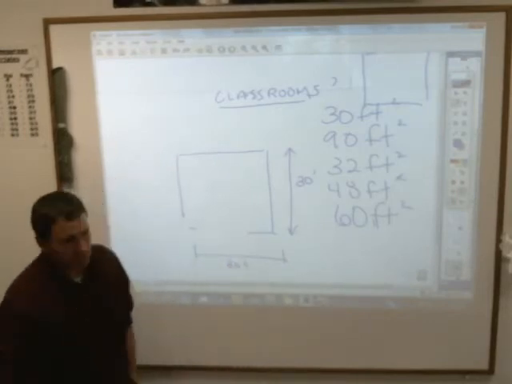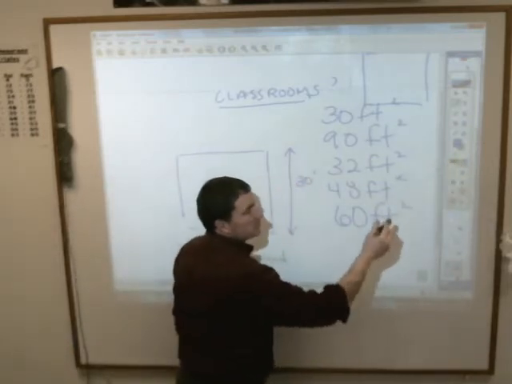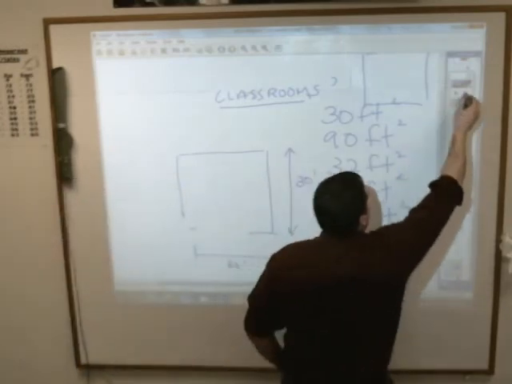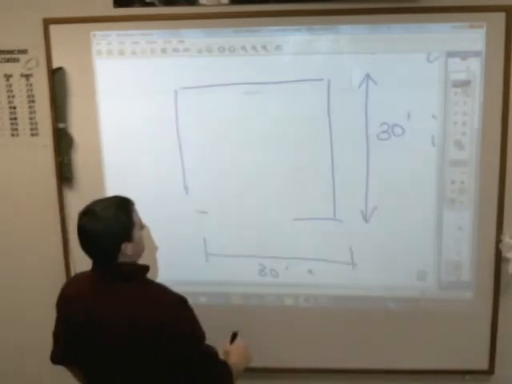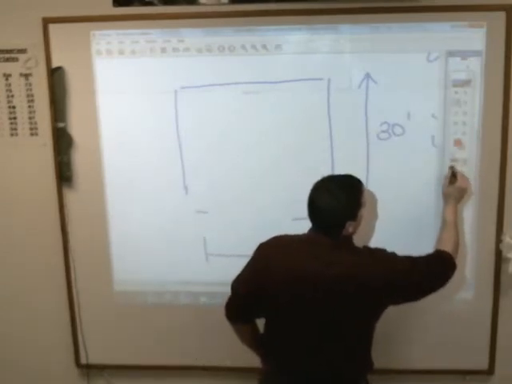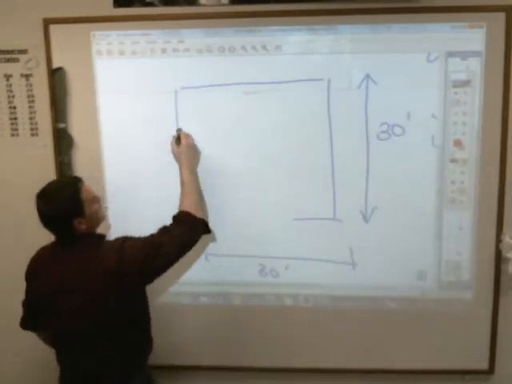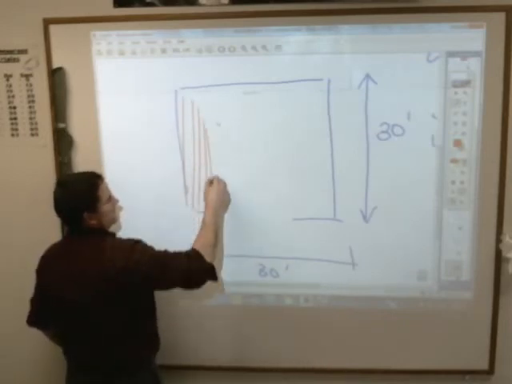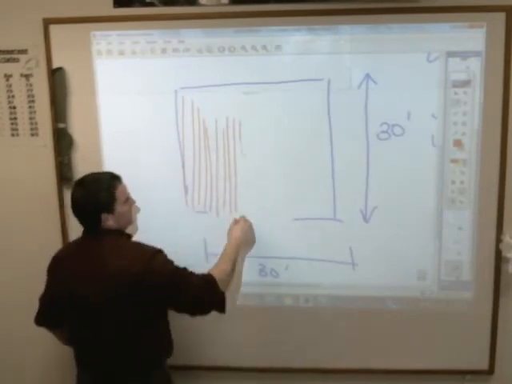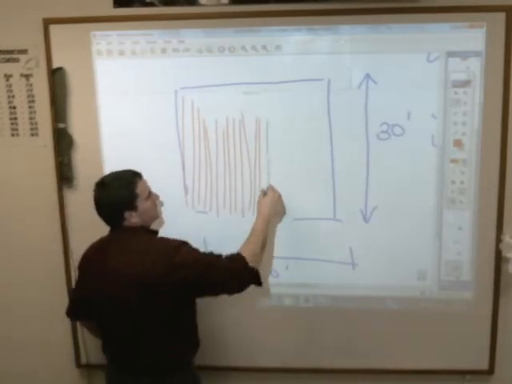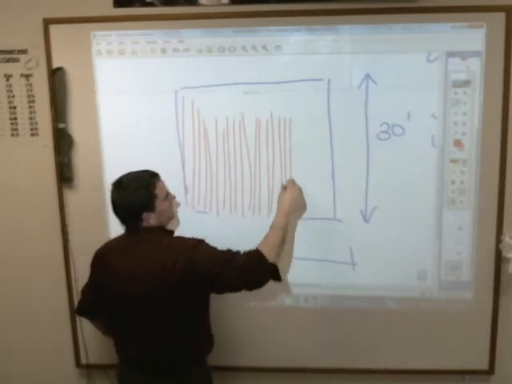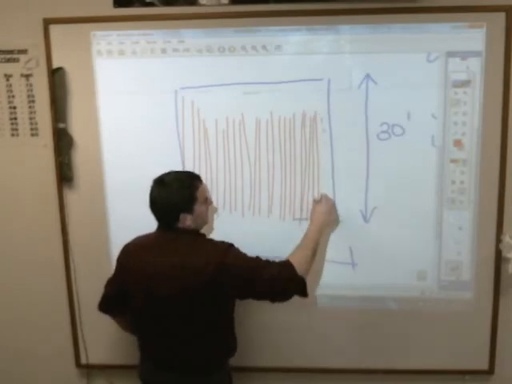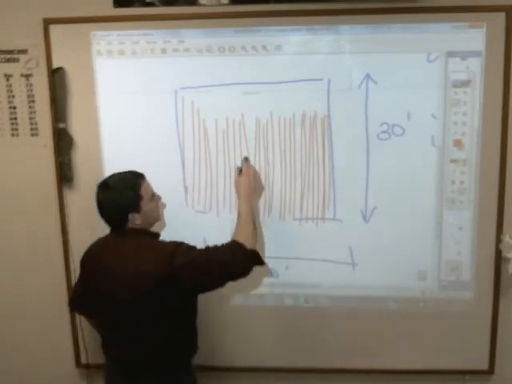That is not 60, because if you split this up the way it should be and make it into squares, check this out. Let's blow this up so you can see it here. I have 30 squares going this way, so it's going to look like this. 1, 2, 3, 4, 5, 6, 7, 8, 9, 10, 11, 12, 13, 14, 15, 16, 17, 18, 19, 20, 21, 22, 23, 24, 25, 26, 27, 28, 29, 30.